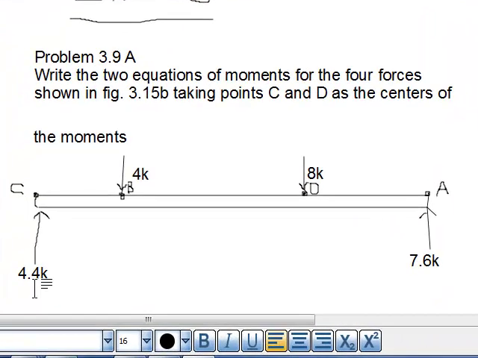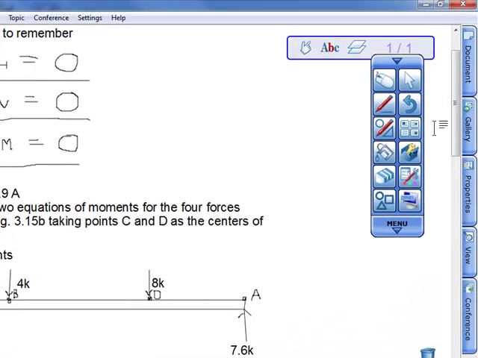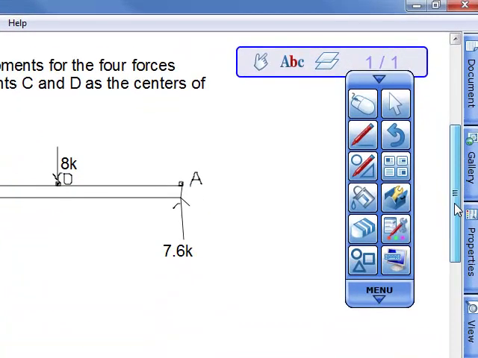Now I've drawn the little diagram. You see that you have a reaction force of 4.4 K going up, 7.6 K going up, 4 K down, and 8 K down.